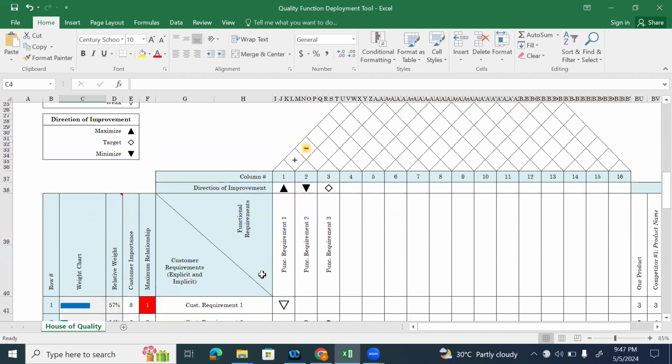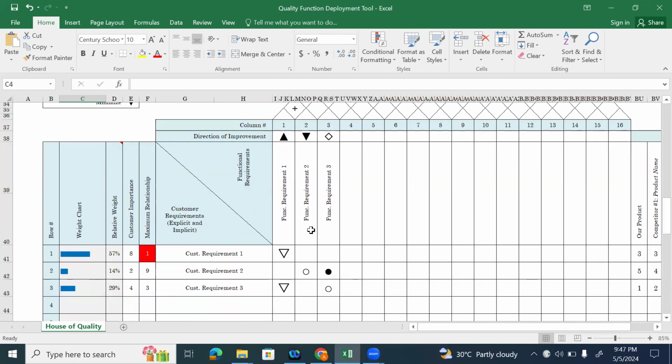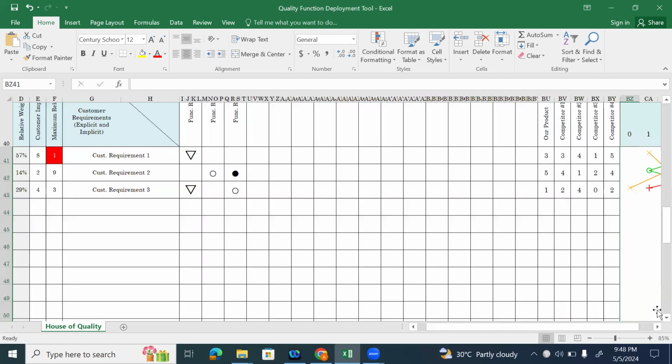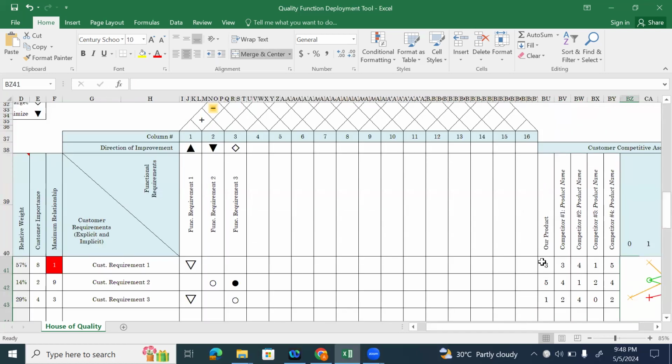Let us take the first example where the direction of improvement is maximum, which means when you are comparing the customer requirement with the functional requirement, when you're comparing the functional requirement with the functional requirement, it is minimum, which means you can see here, we also have the rating in which our product has 3 points out of 5.